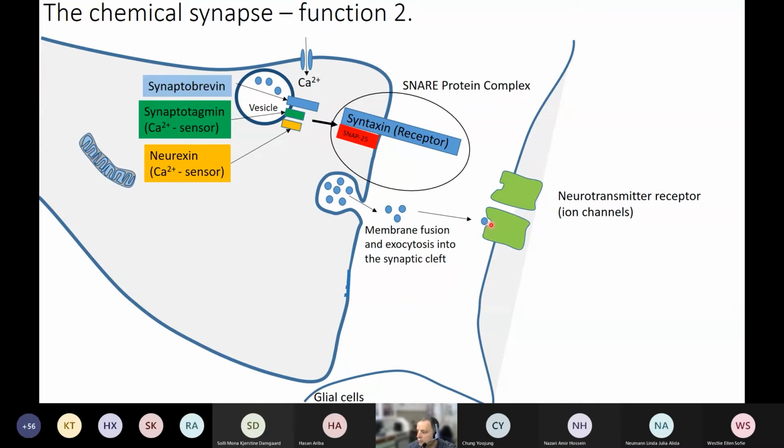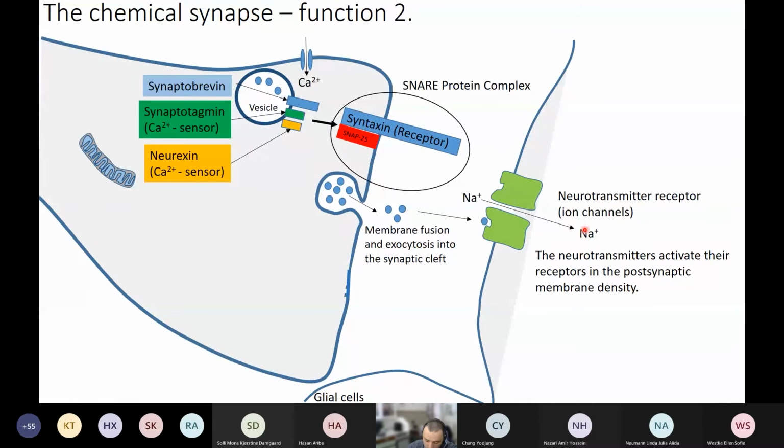And if the neurotransmitter is bound to the receptor, then the receptor will undergo a conformational change, and therefore, sodium, for example, here, but there are also other examples, the sodium channel opens, and then sodium ions may enter the cell.